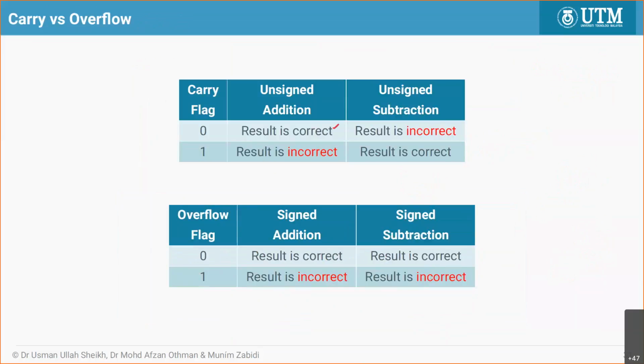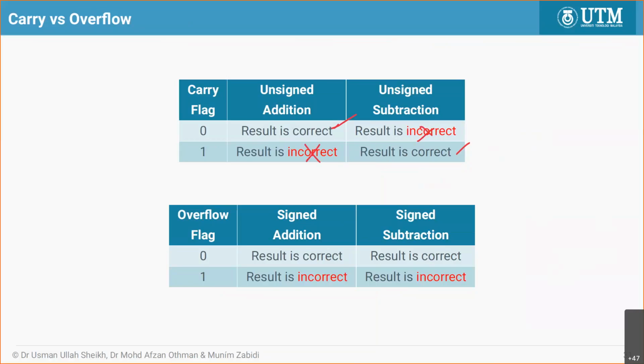If you are doing unsigned subtraction, you want a carry flag of 1. If you're doing addition, a carry flag of 1 is something you don't want. That means the result is incorrect. Same thing with unsigned subtraction: a carry flag of 0 is no good. If nothing else, you can do a correction of the result, but maybe you just want to throw away the result because it is not correct.